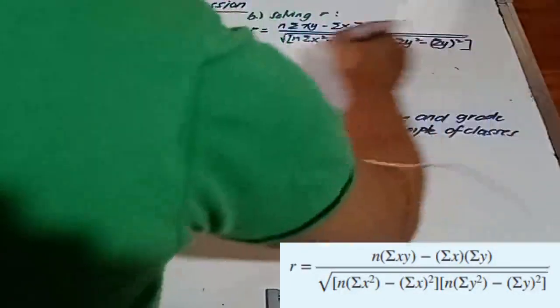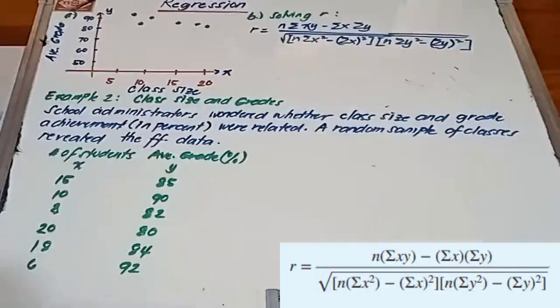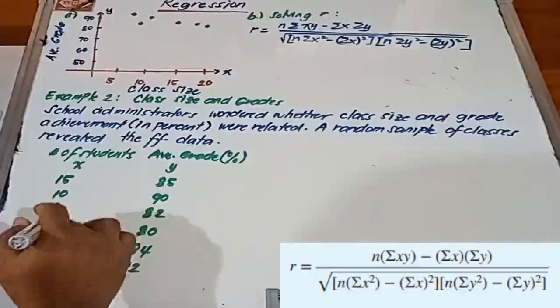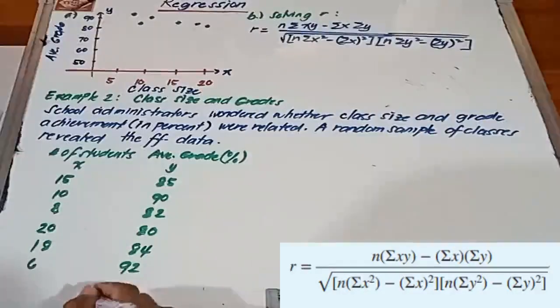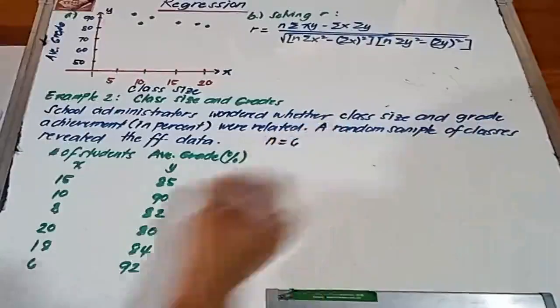Okay? So, ang dami natin kukunin. Ang n natin dito is 1, 2, 3, 4, 5, 6. So, n equals 6.